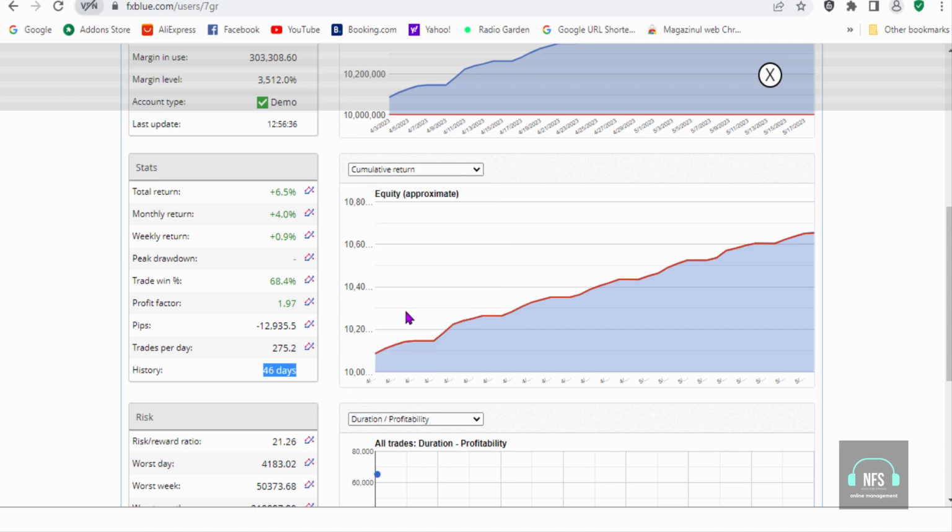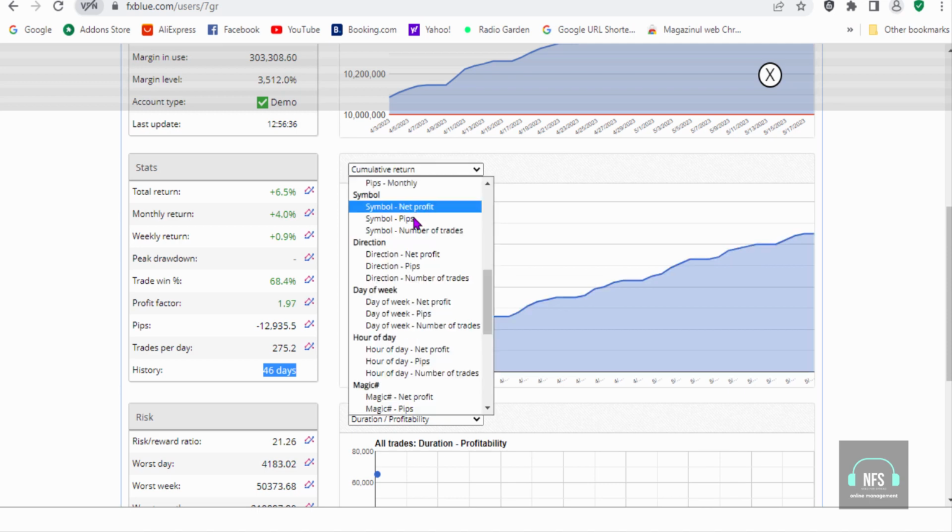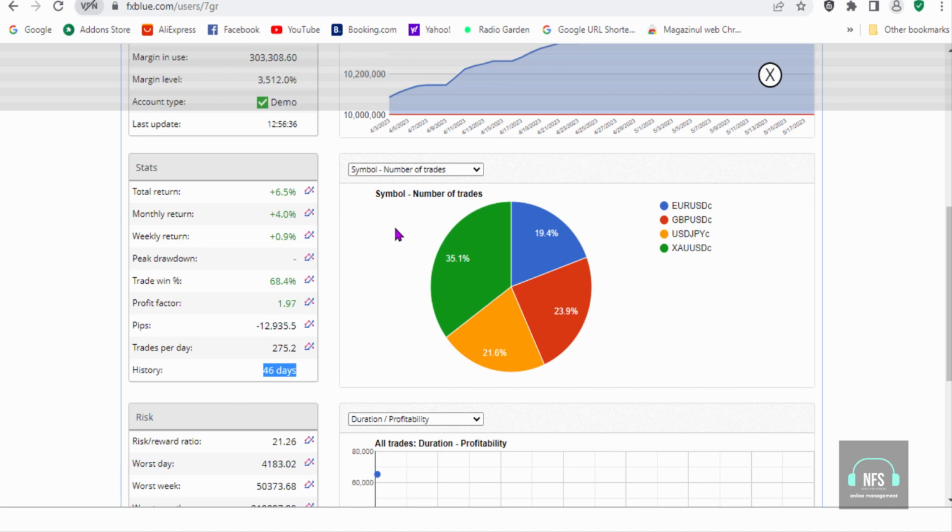So cumulative return here. Okay, per symbol, number of trades per symbol, and as you can see, the most trades were on gold, 35.1%. Then it was Euro USD with 19.4%, US dollar Japanese yen, and so on.